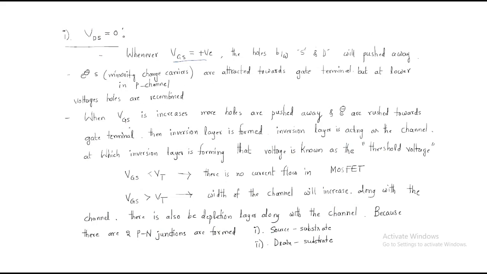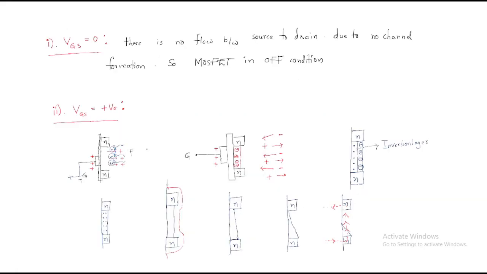Recombination is possible, but this time VGS increases. Next case, if we are increasing the input voltage, VGS, more holes are pushed away and electrons are rushed towards the gate terminal. So look at here, the VGS value is increased.